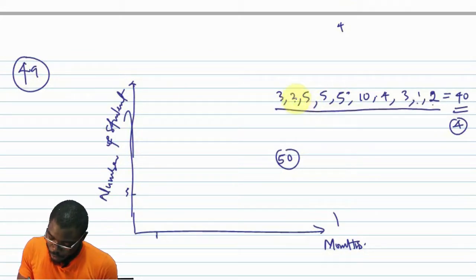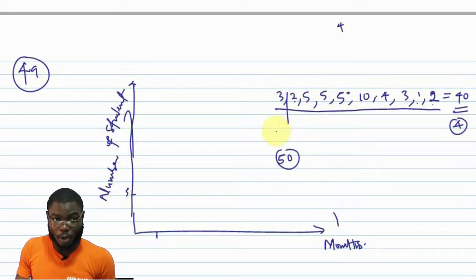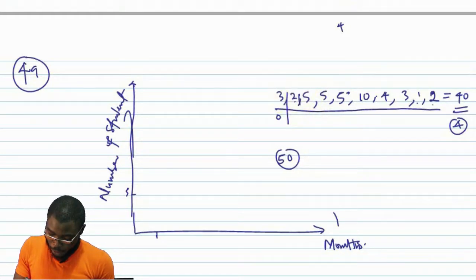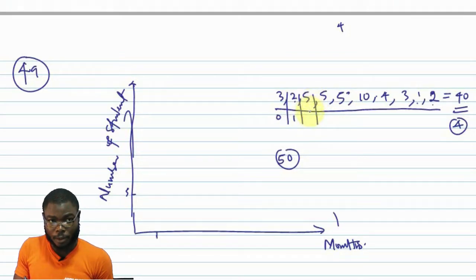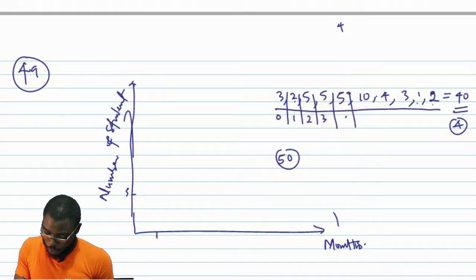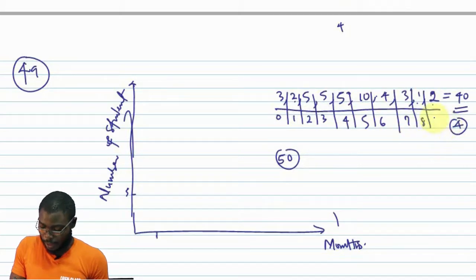If we have this, now this is your 0, because 0 appears 3 times, and then you have your 1, this is 2, this is 3, this is 4, this is 5, this is 6, this is 7, this is 8, and this is 9.